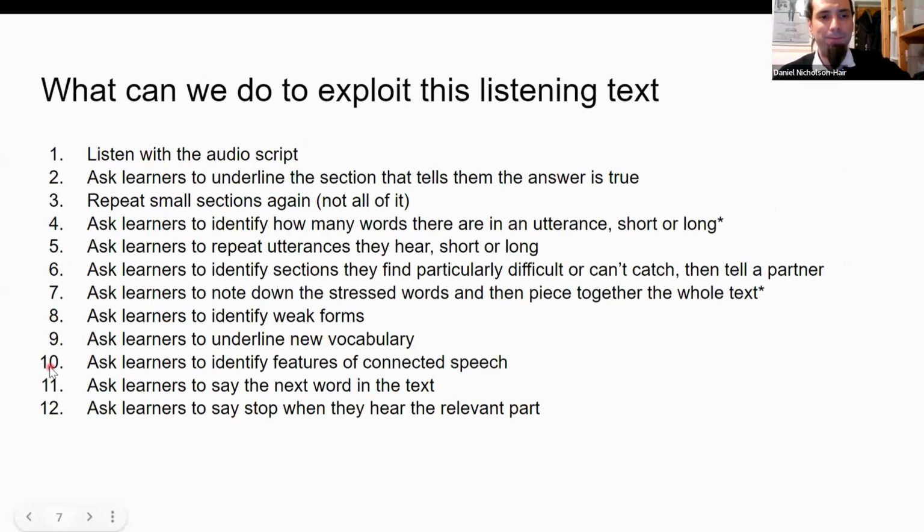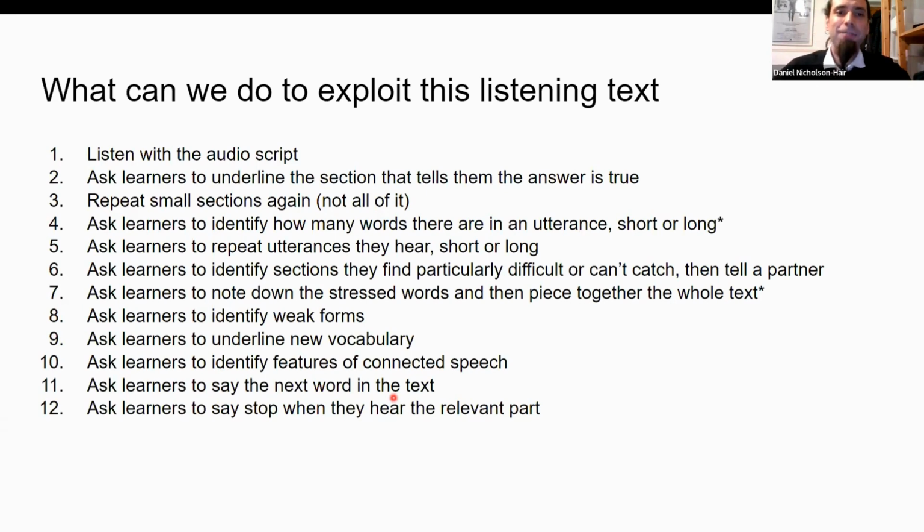Where are we now? Number 11: ask learners to say the next word in the text. This one is potentially useful for lower levels, just to check that they're following. You can do this with the script, probably better with the script, but not impossible without.